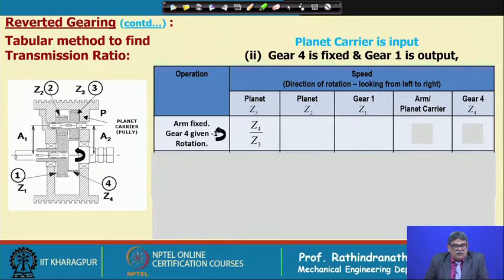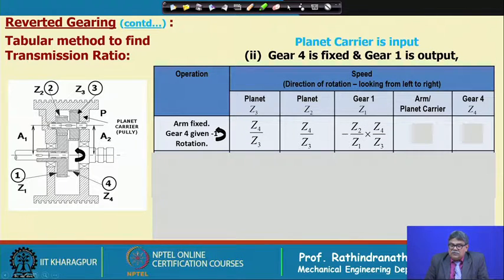Depending on which one is bigger, Z3 may rotate less than 1 revolution or more than 1 revolution. We will come to this ratio later. Planet Z2, which is integral, will rotate by Z4 by Z3.